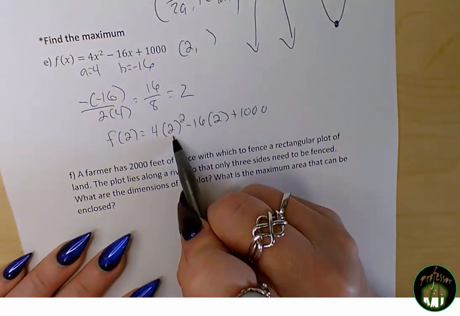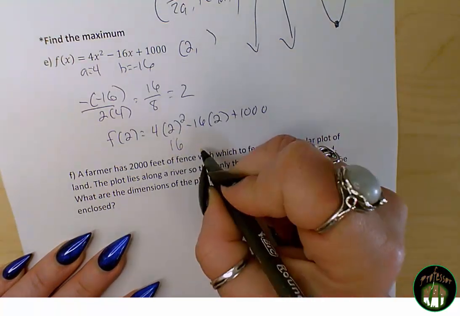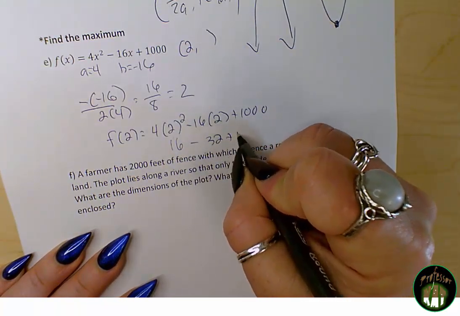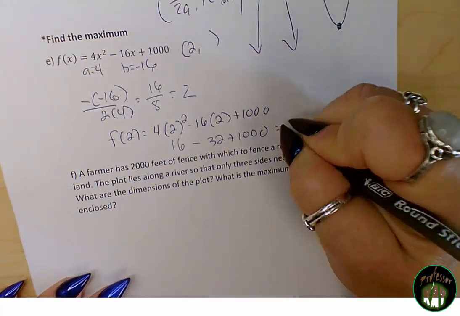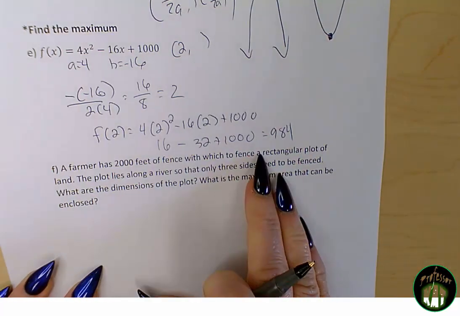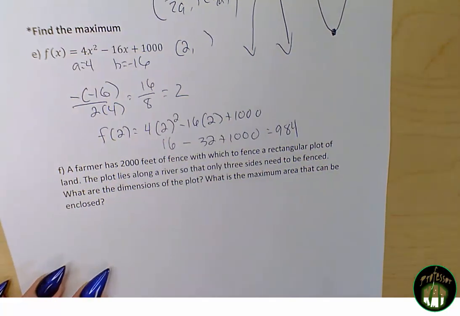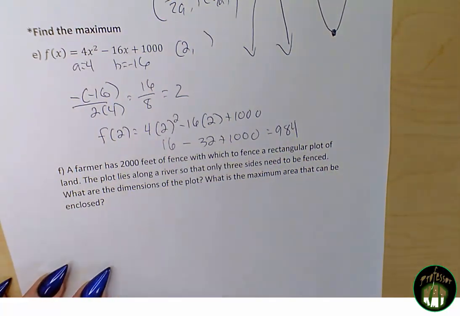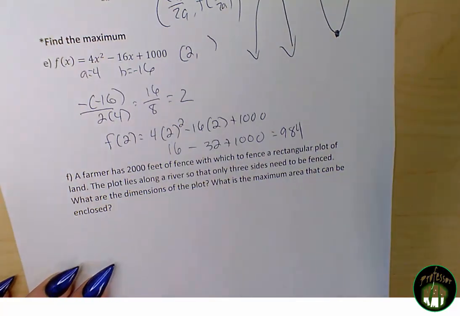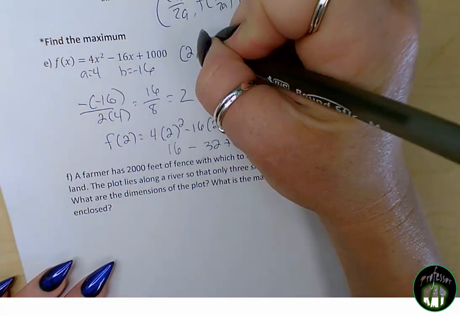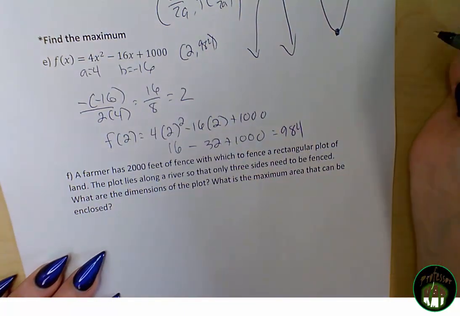And 2 squared is 4. 4 times 4 is 16. So 16 minus 32 plus 8,000 here gives us 984, I believe, if I did my math correctly, which means the minimum point, actually, of this quadratic equation is (2, 984).